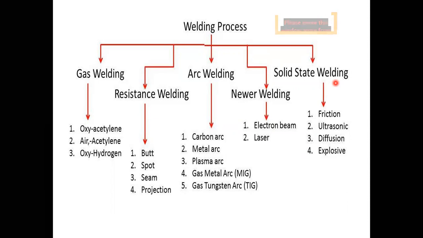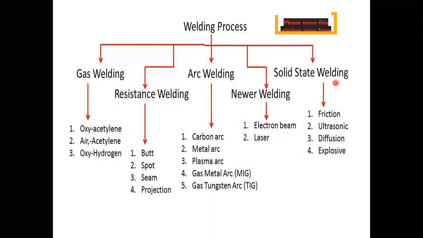Simple filler metal is used, and it has to reach the melting point. And the pressure welding is just like two metals coming together, and they will be pressurized back to back, and some heat is also provided here.